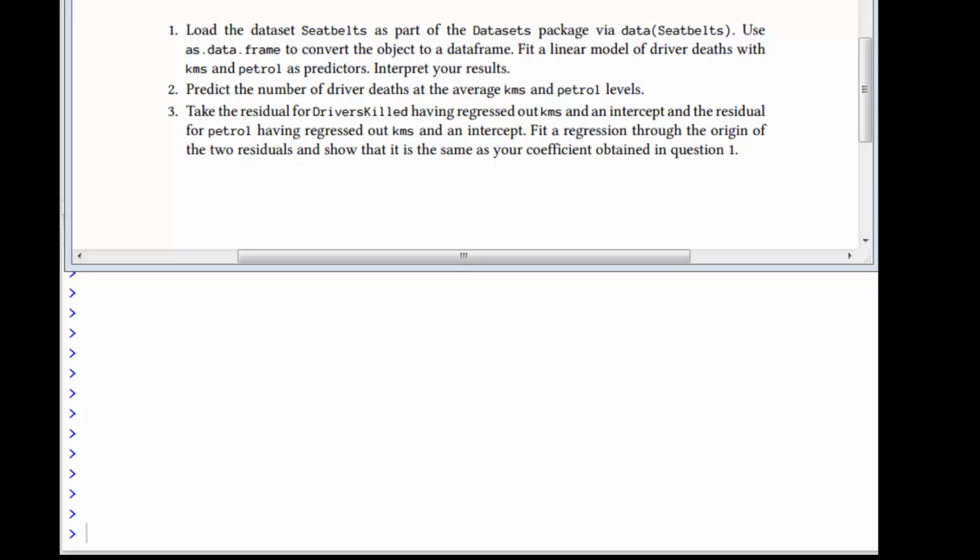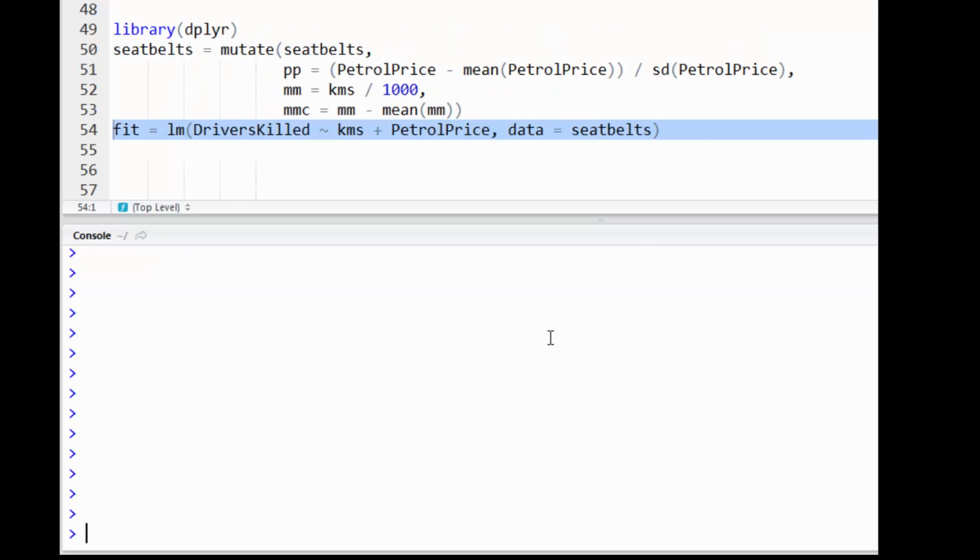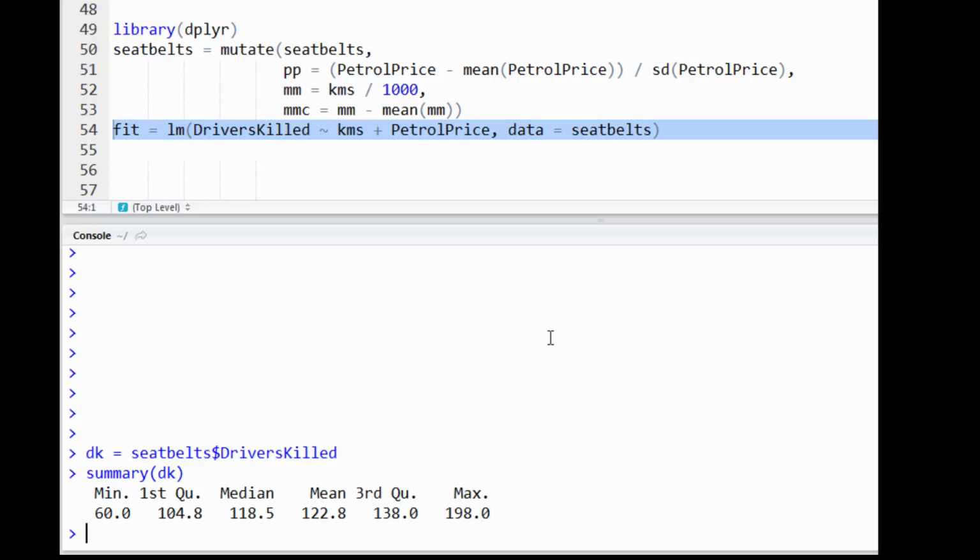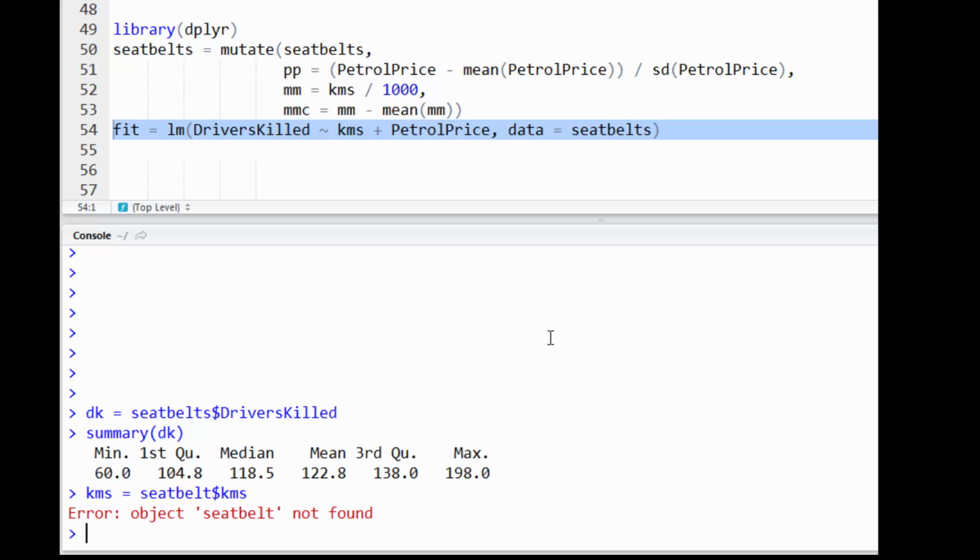I'm going to do a couple of things to make this a little bit easier so I don't have to type so much. Drivers killed is DK, and it's going to be seatbelts$DriversKilled. Let's just make sure we got it correctly. And then KMS is just going to be seatbelts$kms. That one's easy.